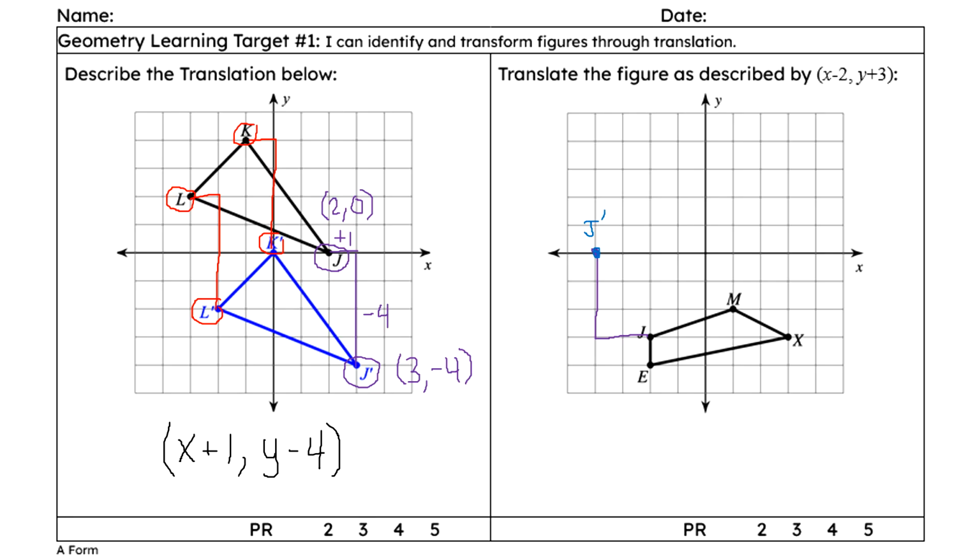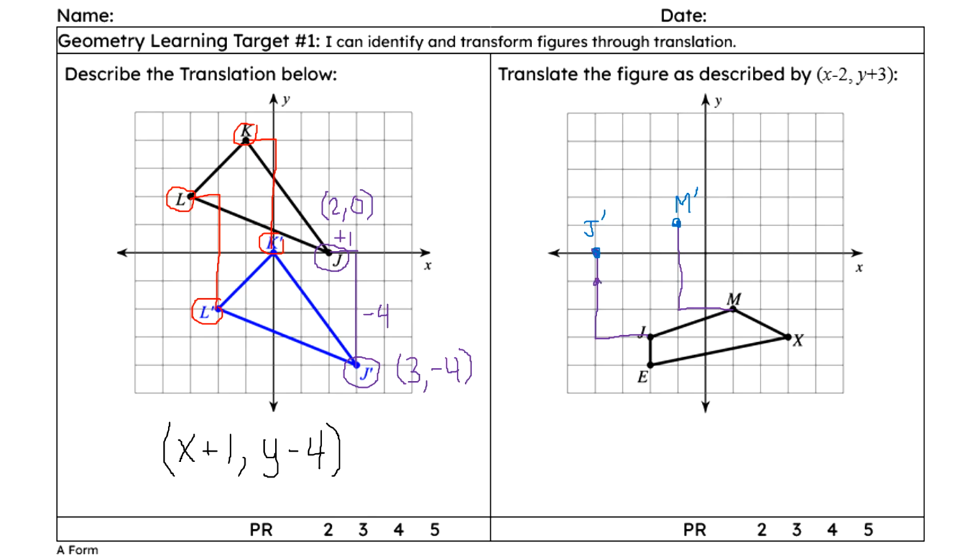Let's do the same thing to the other 3 points. M is going to go backwards 2. That's negative 2 for x. And up 3 for y. 1, 2, 3. Okay, so that's where M prime is going to land. Mapping M to M prime. Let's do the same thing for E, backwards 2 and up 3. 1, 2, 3.